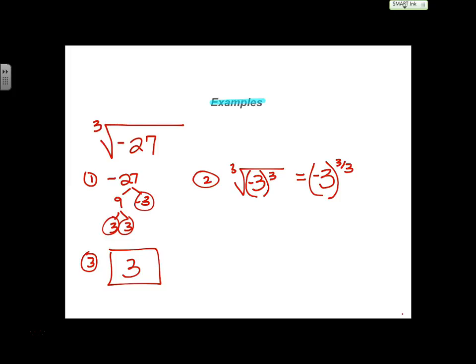Good idea though, but the negative isn't up in the exponent. The negative is down inside. So guess how easy it is? Just negative 3 instead. The answer would be negative 3 for the new example with the negative.